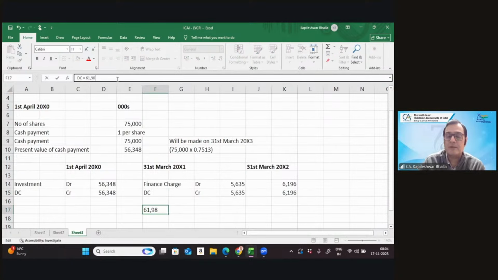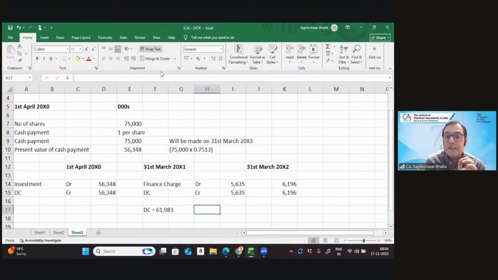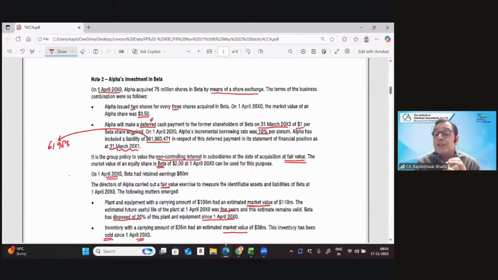I think that's now a perfect match indeed. Since the question tells me 61,983, we need to match up the figures. So it's better to take 4 decimal places in this case.